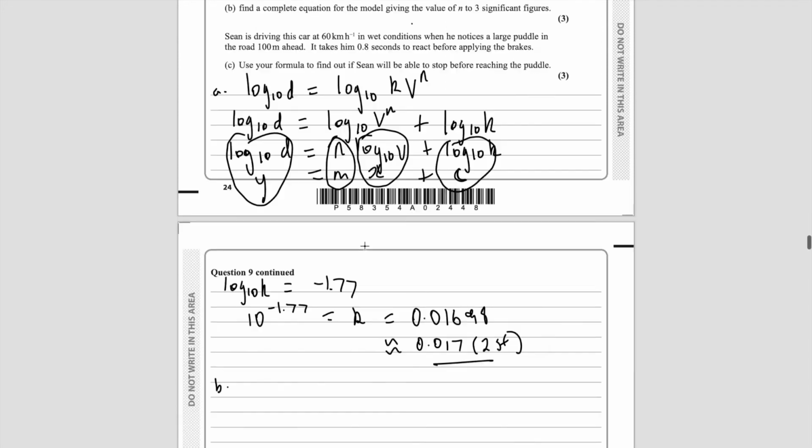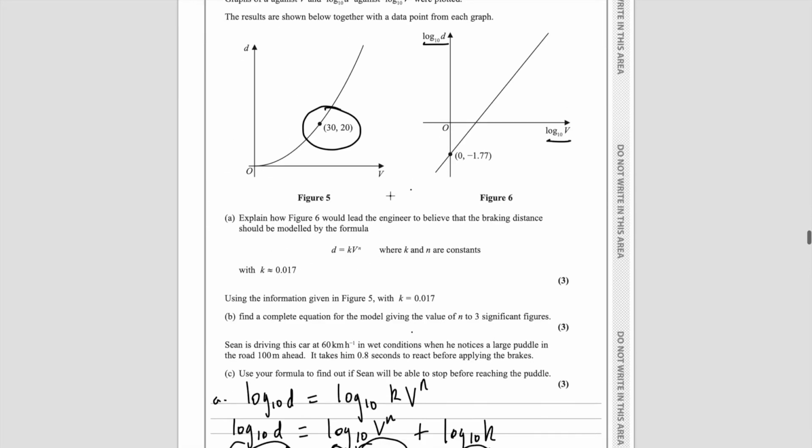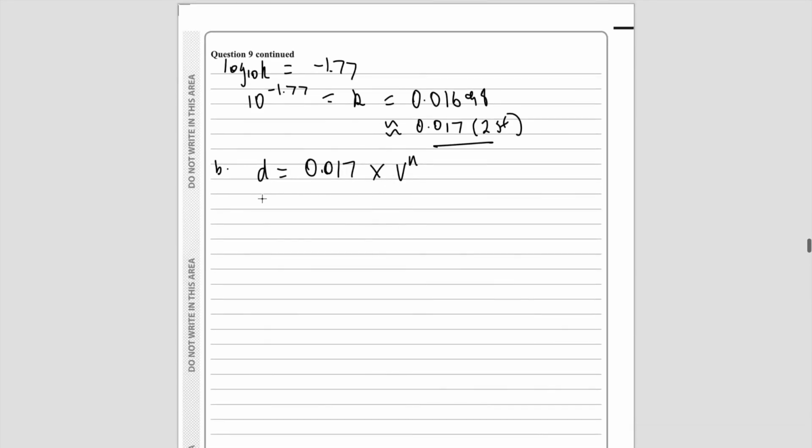So we know that d is going to equal 0.017 multiplied by v to the n, and quite simply we're just going to be substituting these points in, 30 and 20. So we know that a distance of 20 is equal to 0.017 multiplied by 30 to the power of n. We're going to apply logs to both sides.